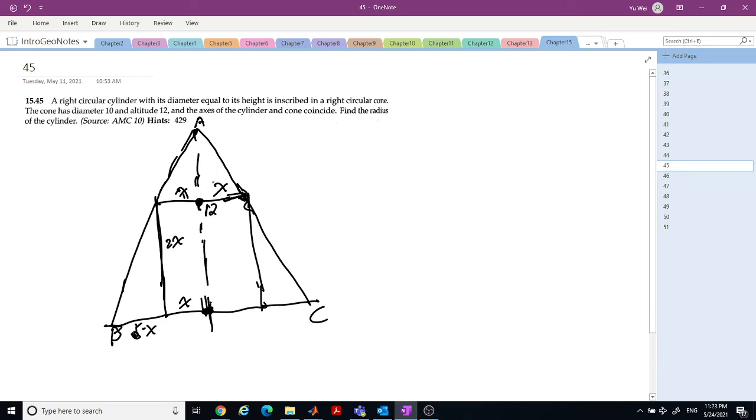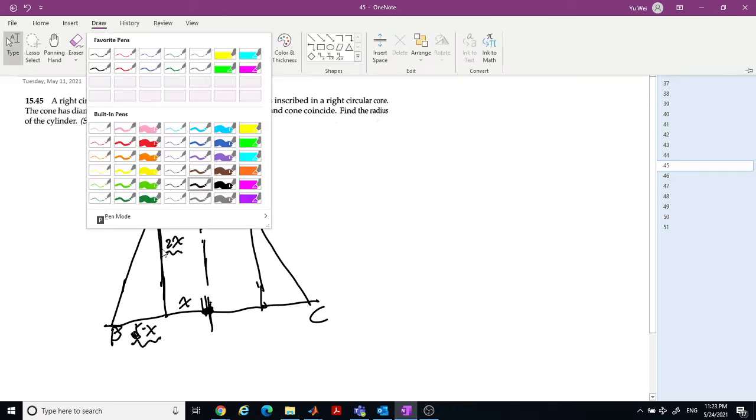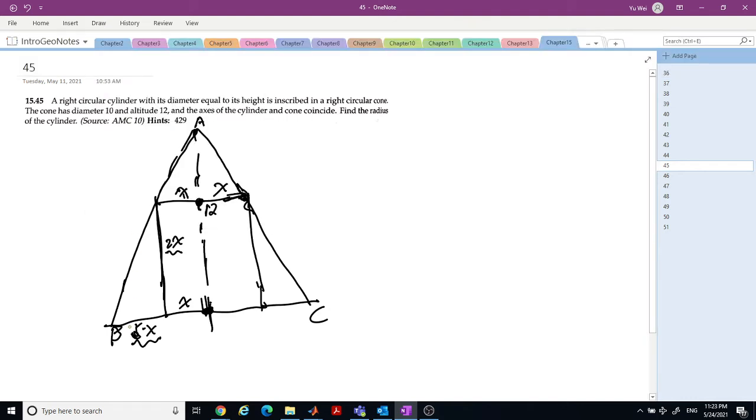So how to solve this is we still use similar triangles. What we can see is the 5 minus x and the 2x, right? This triangle is similar to this big triangle.